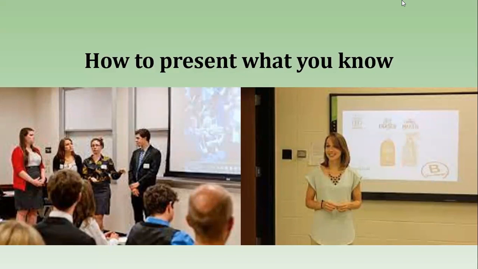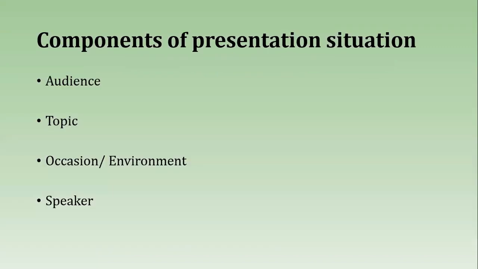So let's talk about how to make a presentation, especially to the rural people. Rural people means the farming community. What do we have to do, right? This is a common thing because normally you have much experience with presentation situations. So the components of a presentation situation, the components meaning what sort of things make the presentation.